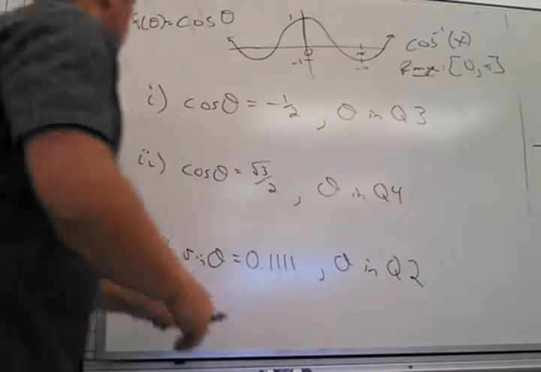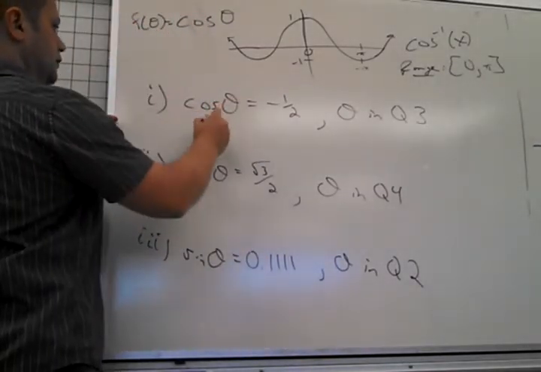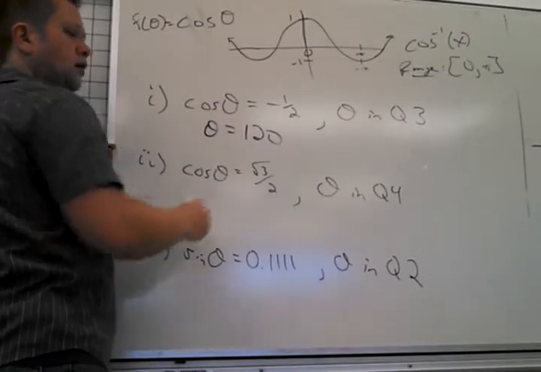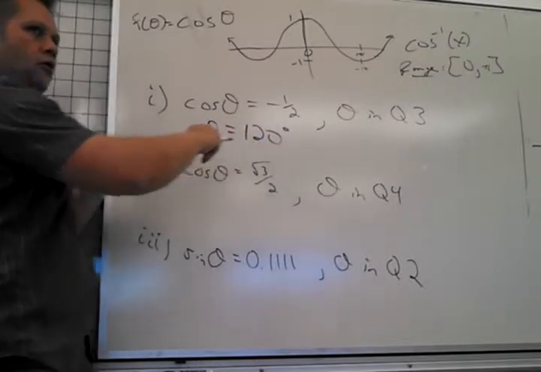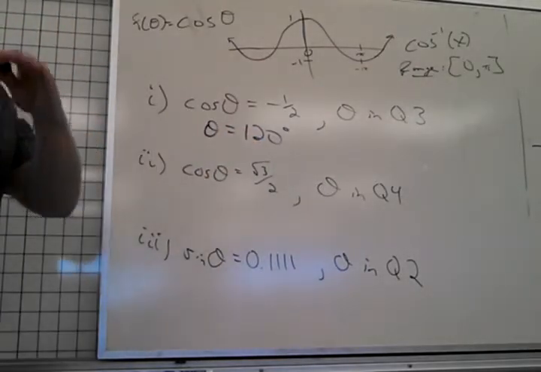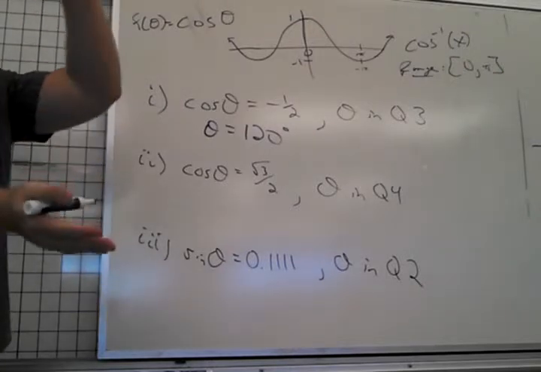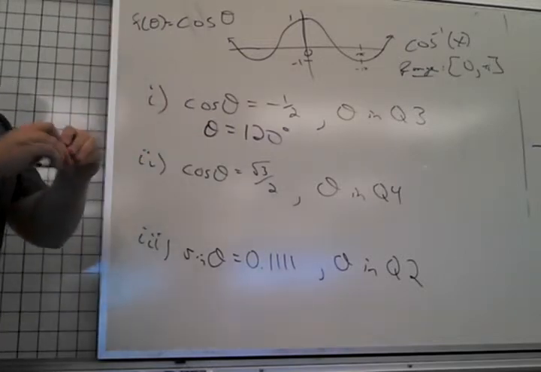So here's how this works. Cosine's a little bit different than sine. If you do this, you get theta equal to 120. And really, if the answer comes out in the second quadrant, it's trying to tell you it could be second or third. Right? Because that's where cosine's negative. If the answer comes out positive, it could be in the first or fourth. So you know this is supposed to be in the third quadrant.